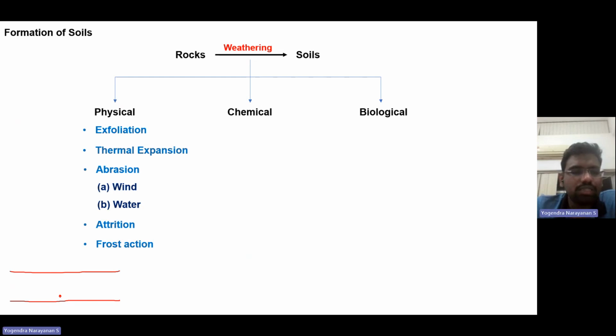The stresses acting at this point are due to the overburden that is present here. Let us write OB, overburden.